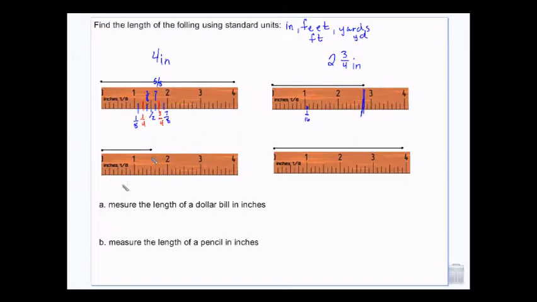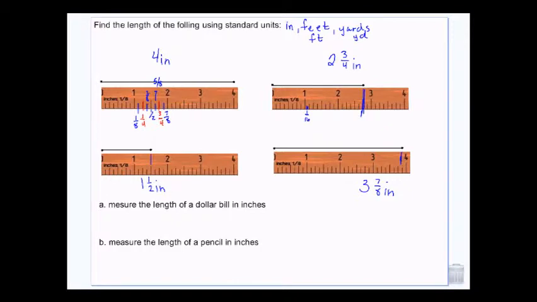This one would be 1 and, anybody? 1.5. We're lining up at the tall one. And then this one lines up with that. 7/8.